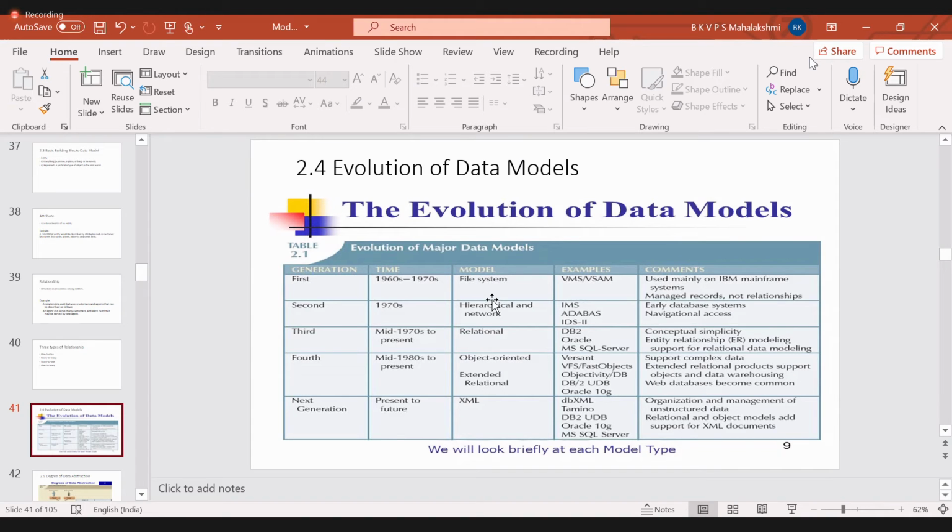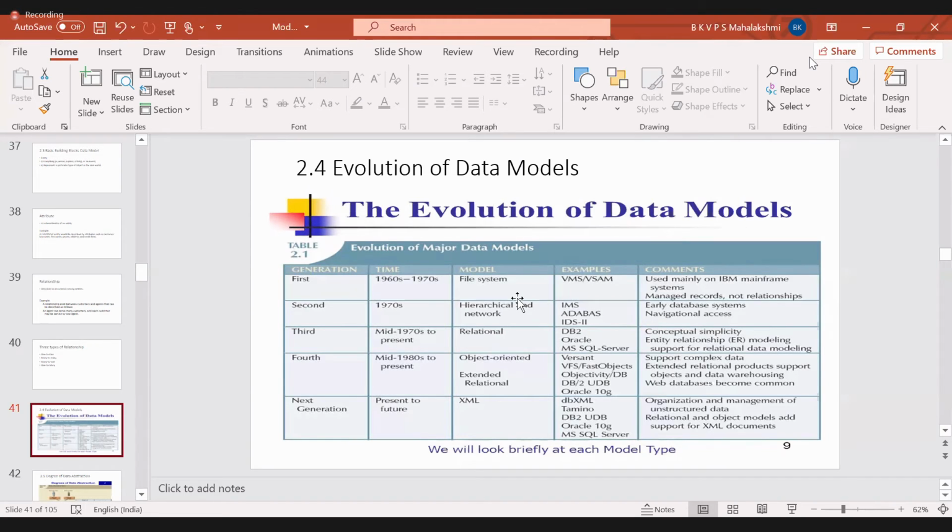For the file system, there is VMS or VSAM. Nowadays we just use MS Office and all for storing files and file data. This software is mainly used by the IBM mainframe systems. Just remember these things.